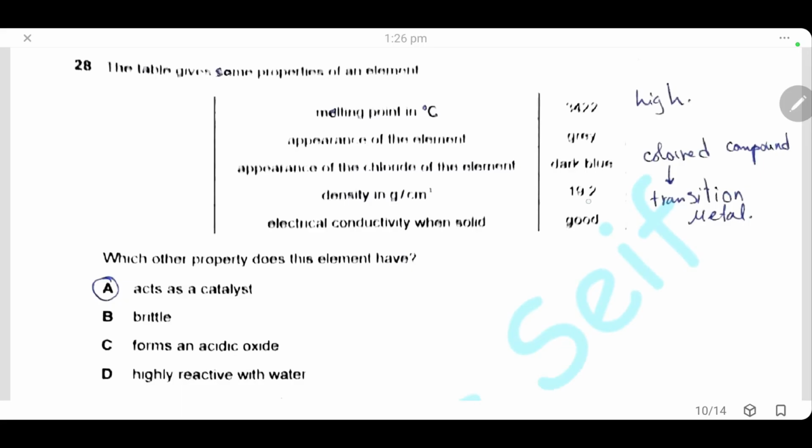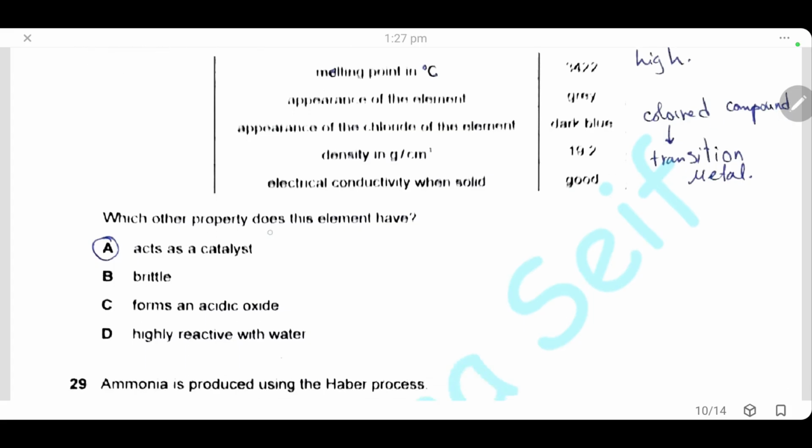Density 192, high density. Electrical conductivity when it's solid, it conducts electricity. It is a good conductor, it has gray color, so it's a metal. Forms colored compound, so it's a transition metal. Which other property does this element have? Another property for the transition metal is that it can act as a catalyst.